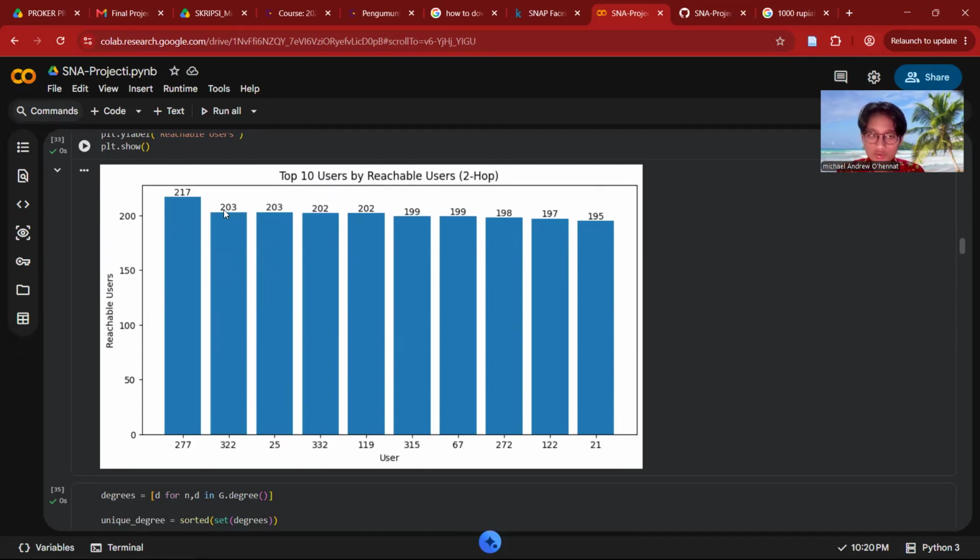For user number 322, there are 203 users or nodes that need two steps to get connected. Like I said, two hops means two processes to get connected.